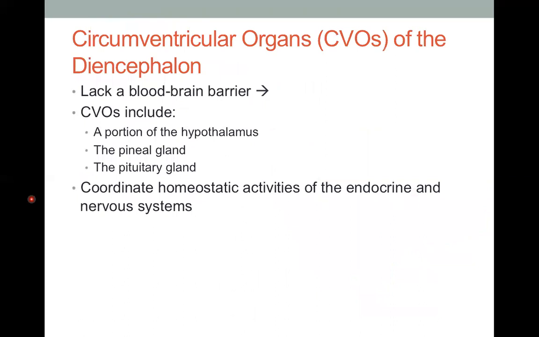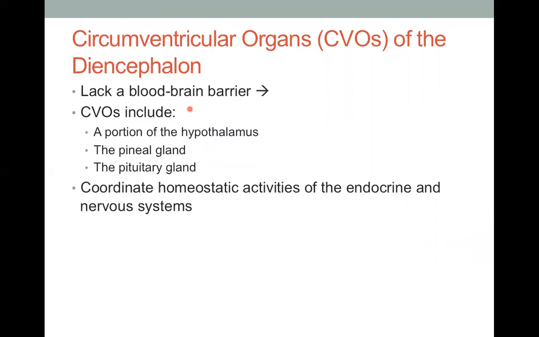And then next we have some circumventricular organs, or CVOs, of the diencephalon. So these are parts of the diencephalon that can actually monitor chemical changes in the blood because they lack a blood-brain barrier. Because they don't have a blood-brain barrier, chemicals are able to enter in, and it can serve as a monitor or something that can help us respond.